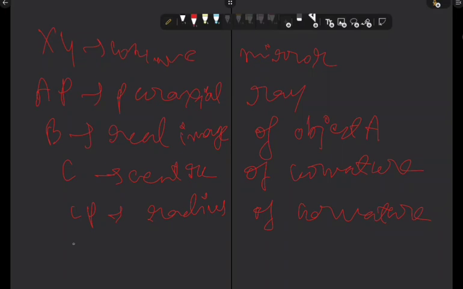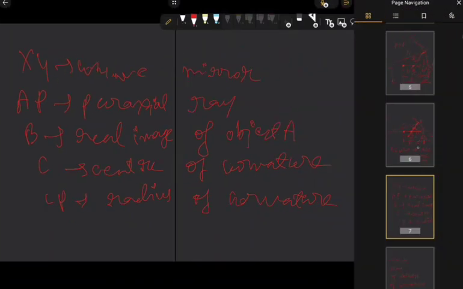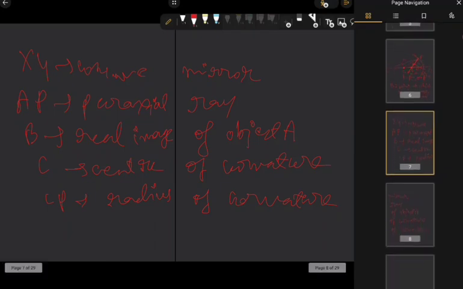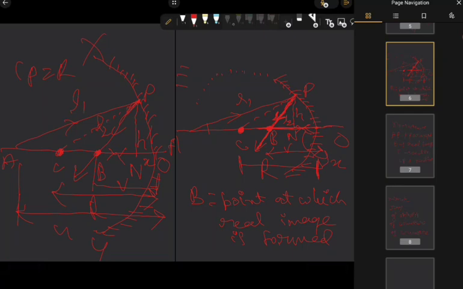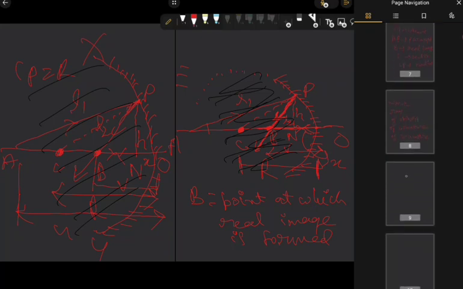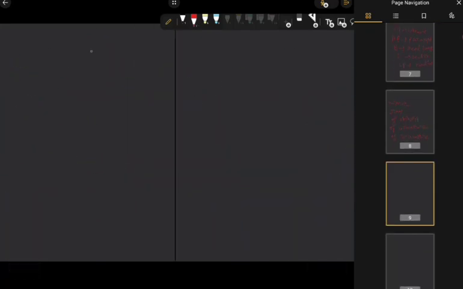X is very small. We have considered that the refractive index of this particular area, the area over here, is equal to 1. We are not considering any medium over here; we are considering that its refractive index is 1. That's our assumption in order to simplify the situation.